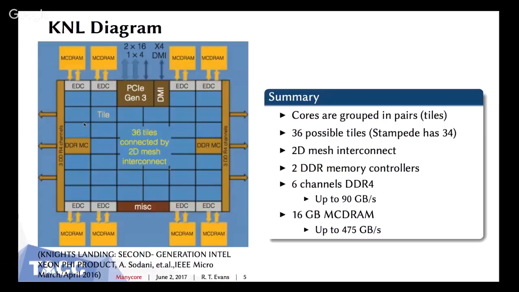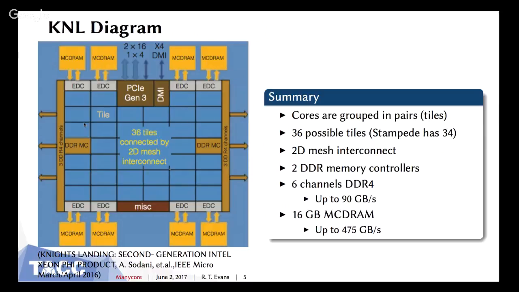Okay, so here's a chip diagram. There are 36 possible tiles. Like I say, we have 68 cores, so we actually have 34 tiles. There's just a few things I want you to notice from this. The cores are laid out in a mesh, and the MCDRAM is local to the chip, connected to the mesh.